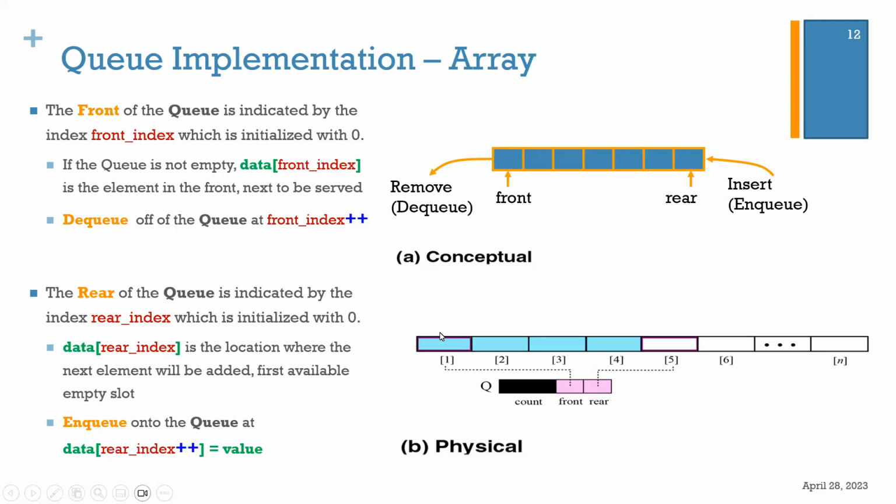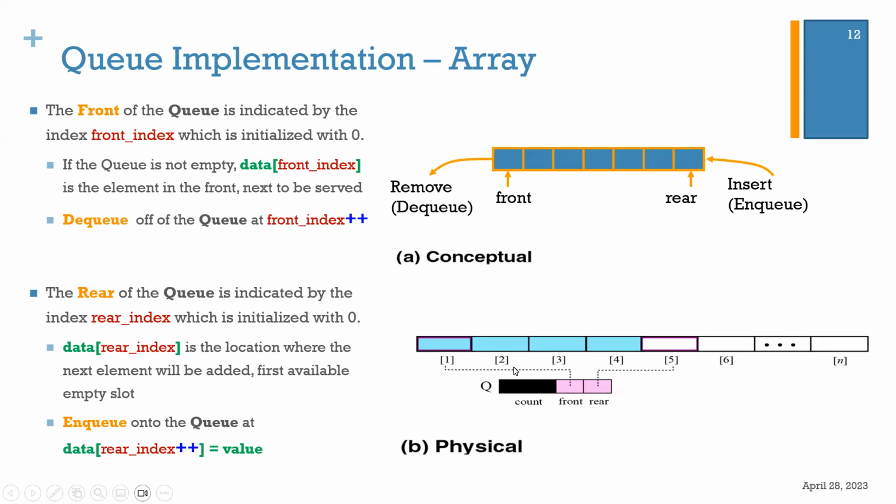The front of the Q is indicated by a front index. So take care, if you try to NQ or DQ, we have 2 indices, 2 variables: the first one for front and the second one for rear. The front is used for DQ and rear is used for NQ.